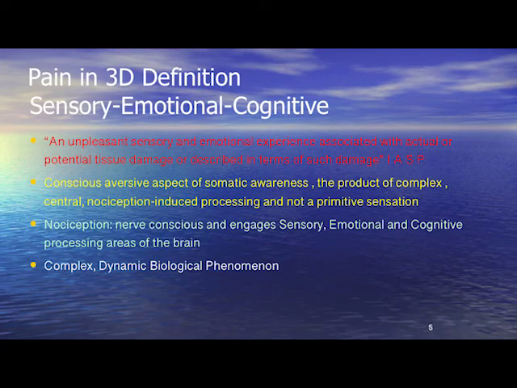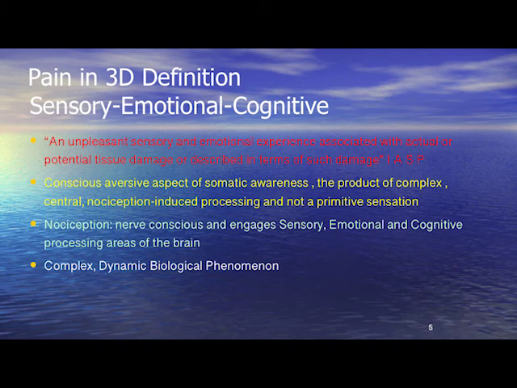So when we try to define pain, we find there are many definitions. The International Association for the Study of Pain came up with a well-adopted, well-accepted definition of pain: an unpleasant sensory and emotional experience associated with actual or potential tissue damage, or described in terms of such damage.